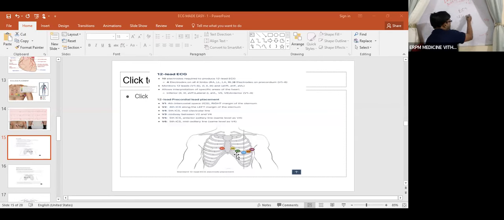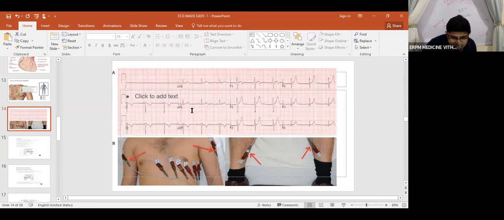Don't write, listen. If you look at the normal ECG, these are the 12 leads.